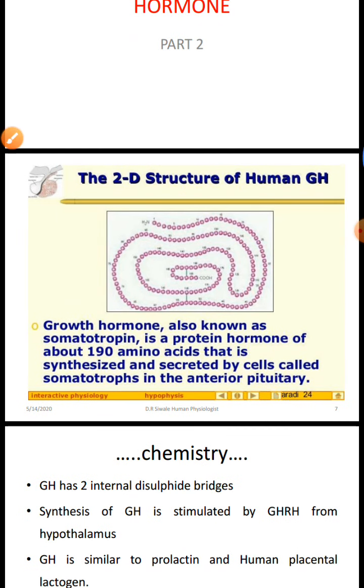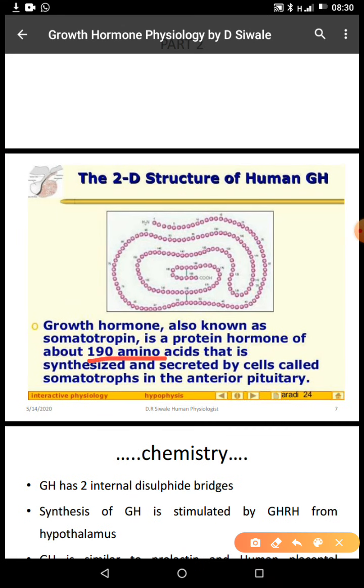In some books they say it has 190 amino acids, but in some other books they say it has 191 amino acids, which are a straight chain polypeptide with 2 internal disulfide bonds, or 2 internal disulfide bridges.